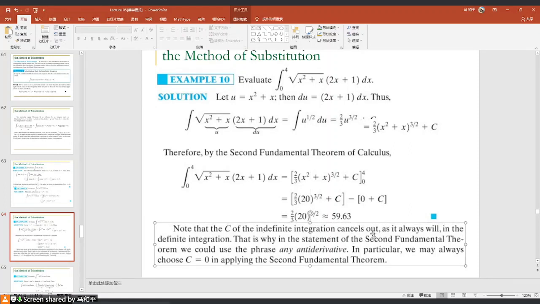In particular, we may always choose c equal to 0 in applying the second fundamental theorem. Okay, we always choose c equal to 0 because c cancels out.